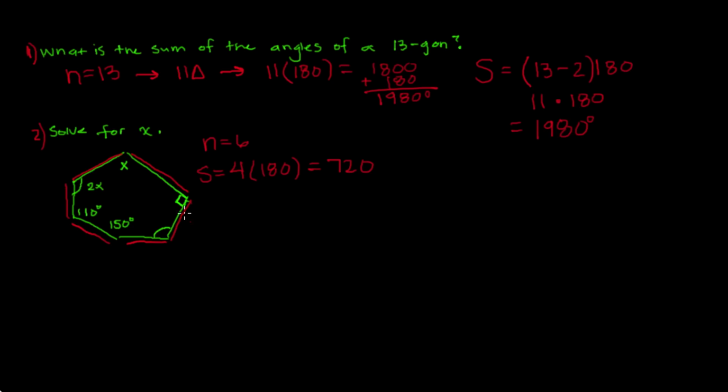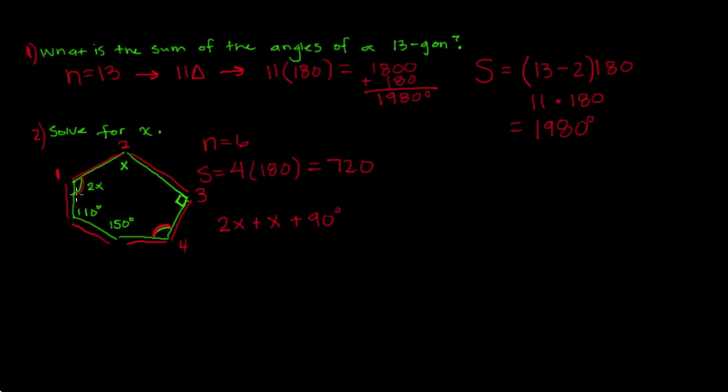So what this tells me is if I took the first angle, number 1, which is 2x, and I add it to the second angle, which is x, and then I add it to the third angle, which is 90 degrees, and then I add that to the fourth angle, oh, there's nothing there. But see how it has that congruent symbol?